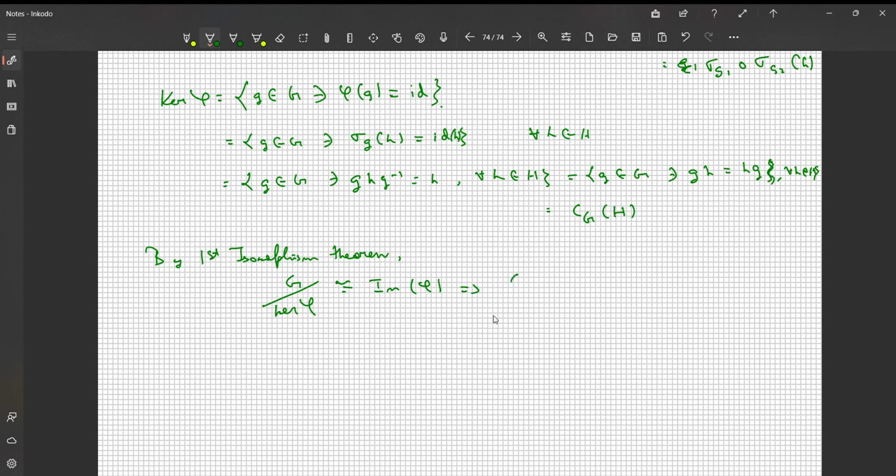So this implies that G mod the centralizer of H is isomorphic to, and this is obviously a subgroup of, the automorphism set, right? So this is a subgroup of Aut(H). Clear? Yeah. Okay.